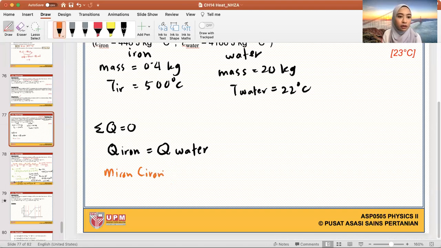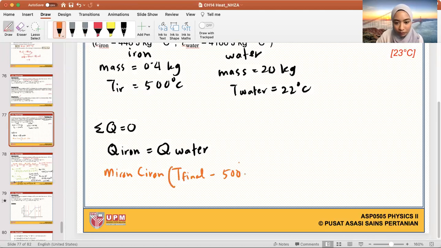What is the delta T of iron? What is our T naught or T initial? 500. What is our T final? Do we have a T final? Not yet. So we are trying to find the T final, right? So T final of iron minus the T initial of iron, which is 500.